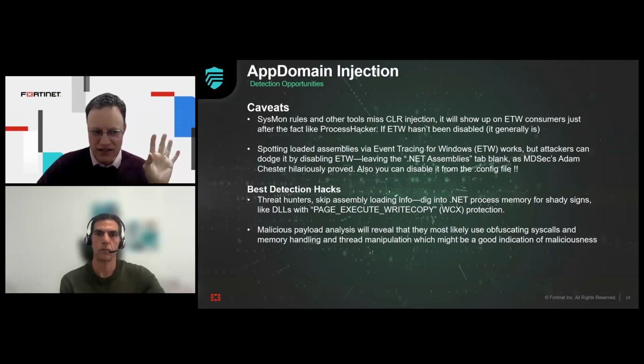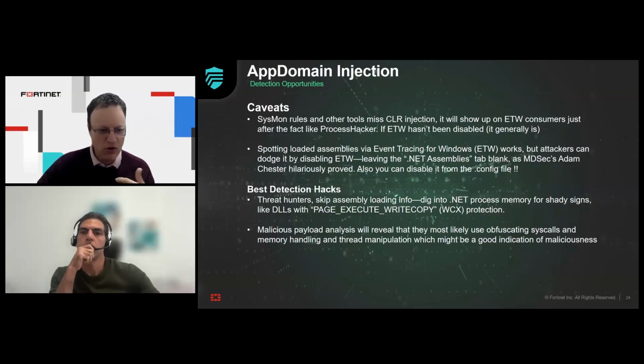So I would instead look for memory heuristics on .NET processes loading DLLs with page execute write copy permission, and look for the syscalls that have been done on that DLL, like create remote thread, decoding cryptographic payloads, and so on and so forth.